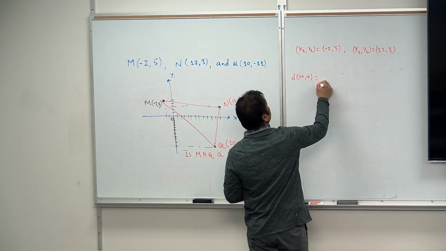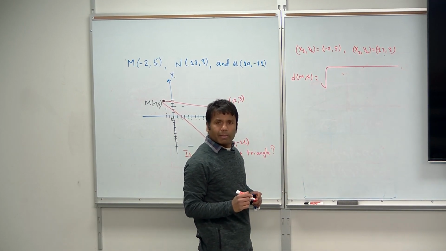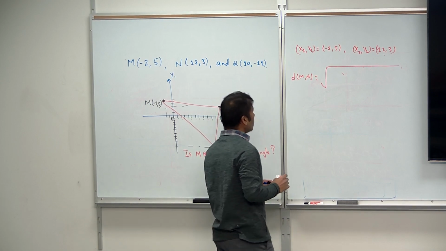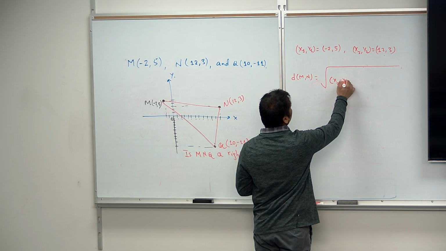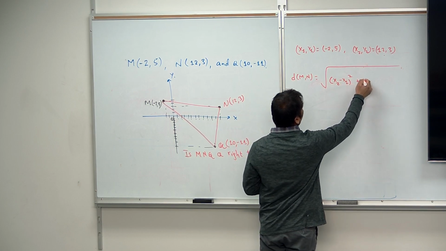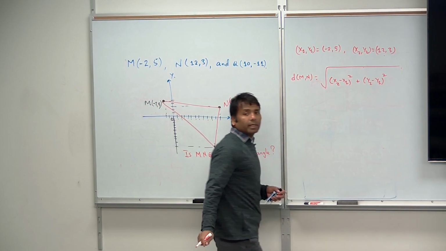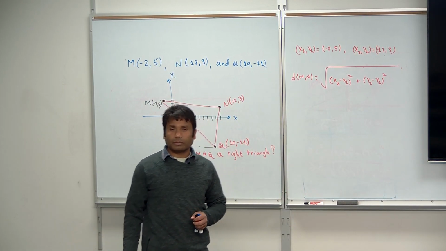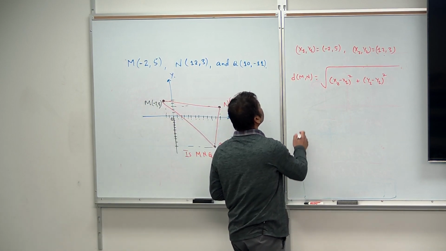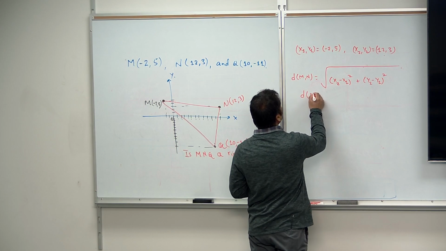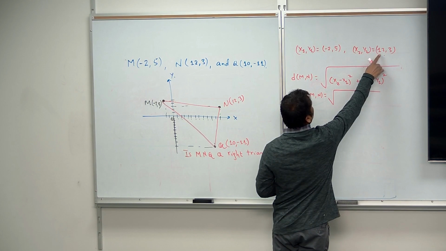So you guys know the distance formula, right? You see what I'm doing? This is the square root of x2 minus x1 squared plus y2 minus y1 squared. So the distance between M and N is equal to the radical. What is your x2? 12.